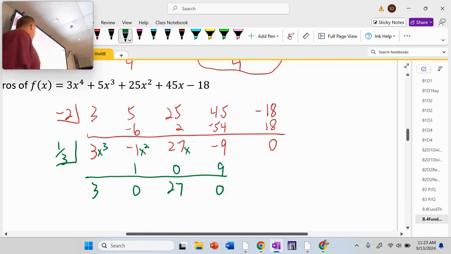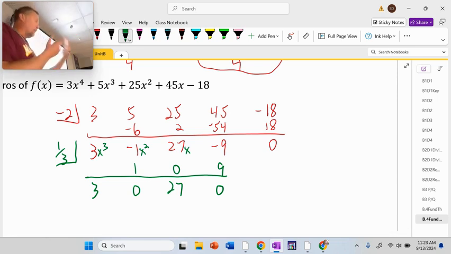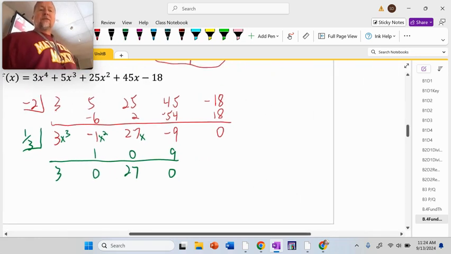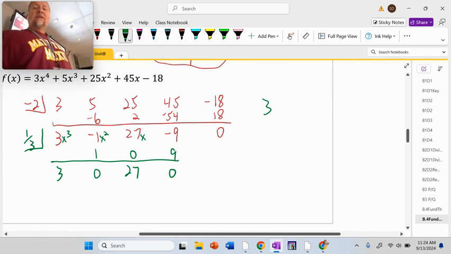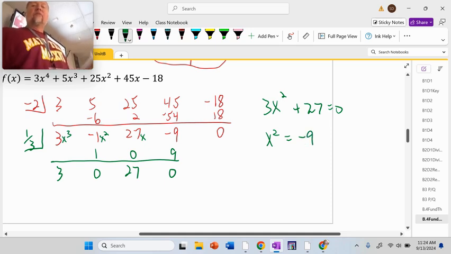Okay, so I used my P over Q list as an idea with that fractional zero that I saw. So it was something from yesterday. So a whole bunch of things could happen that you have to be aware of. All right, and then this is x squared equals, subtract 27, divide by 3, unfortunately, -9.